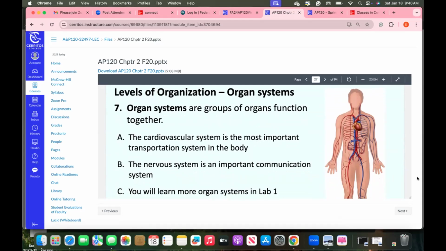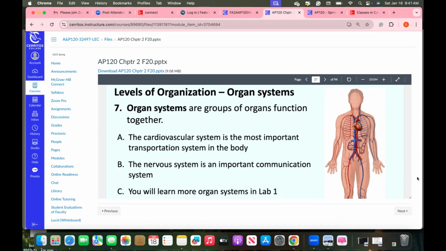The cardiovascular system is the most important transportation system in the body. The nervous system is an important communication system. So the cardiovascular system, that's the heart and the lungs and the blood vessels, okay?